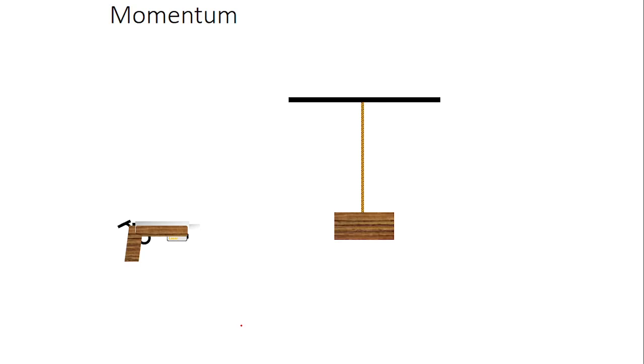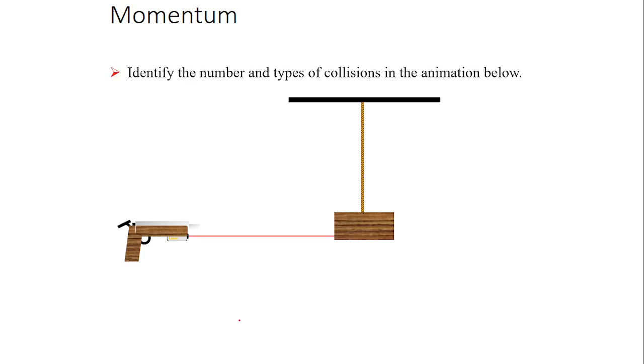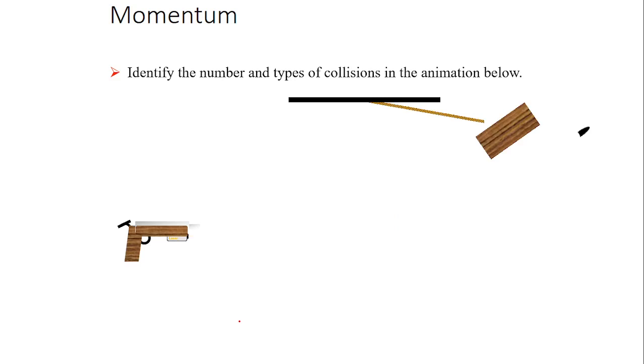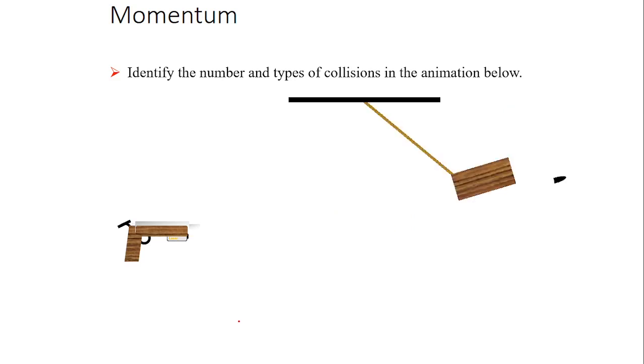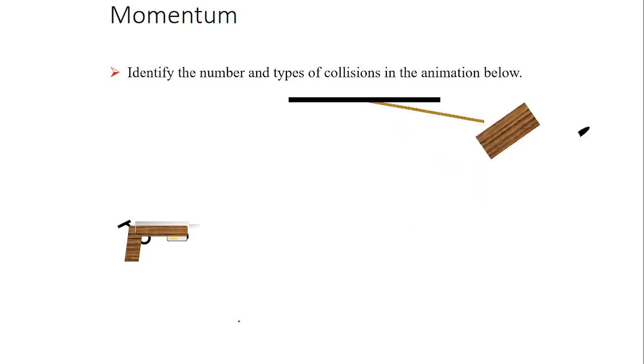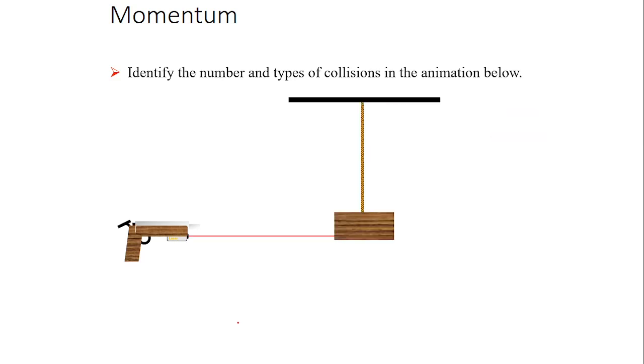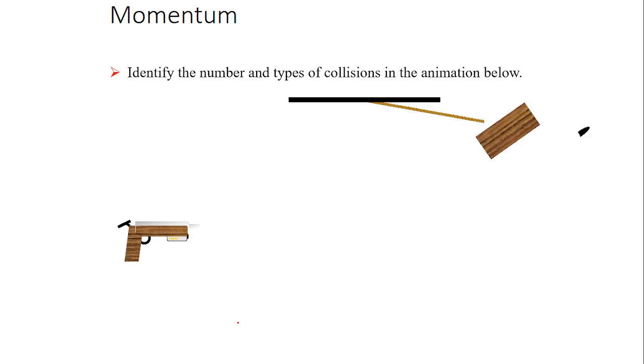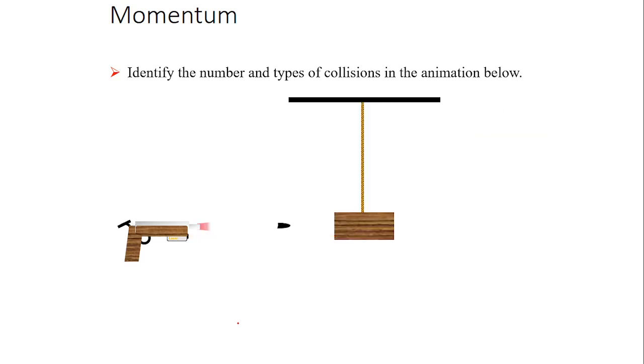So I'll give you that one to identify. Let's quickly look at that. There it goes, and then it goes like that. I hope you have seen how it's happening there. You tell me what type of collision that is. What do you think? Is this elastic collision, inelastic collision, or perfectly inelastic collision?